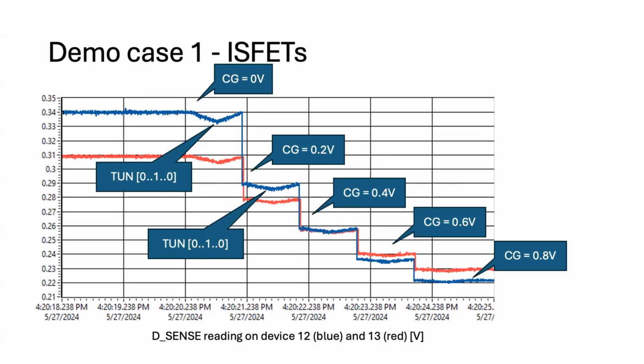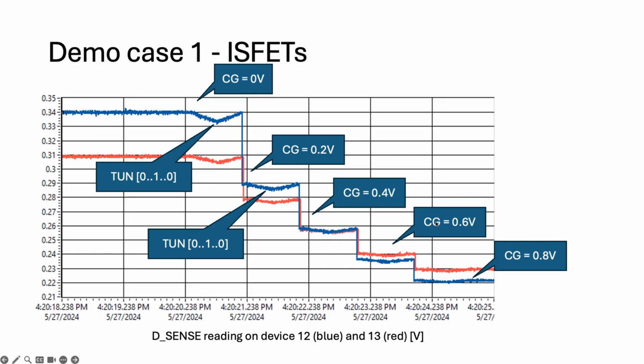Okay, so this was the result of the measurements. Once again, in each step, the control gate voltage was set from 0 to 0.8 volts. And in each iteration, the tunneling voltage was set from 0 to 1, then from 1 to 0 volts. As you can see, when the CG voltage is smaller, the tunneling voltage has a greater effect on the output.